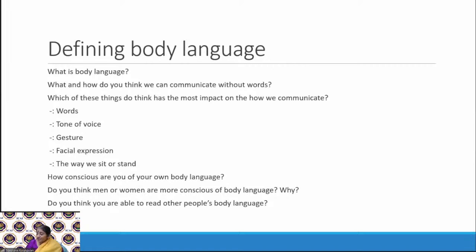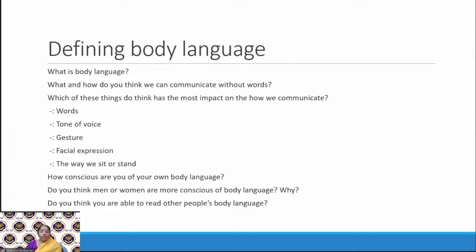When does this become really important? When you go for interviews, they check your body language, whether you're really committed, whether you're really interested, whether you're saying the truth. When they look into the eyes, they know whether you're saying the truth, right? Okay, how conscious are you of your own body language?